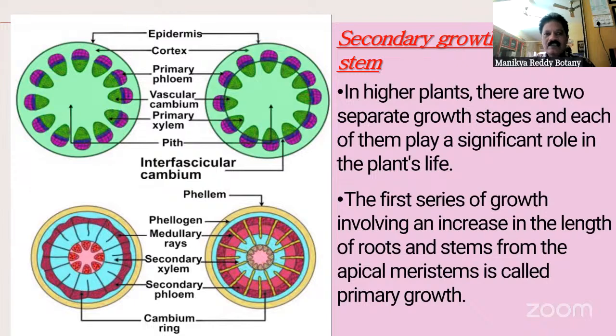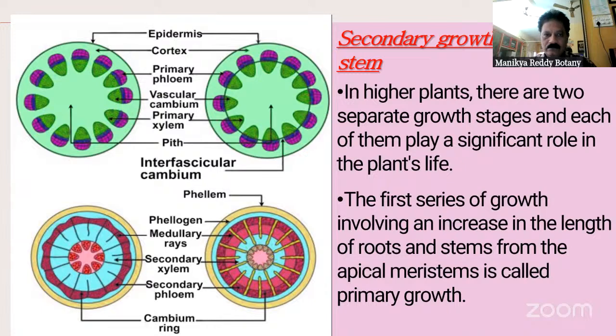The primary growth is because of the activity of apical meristem. Apical meristem is present in the tips of roots and stem, the shoot system. Because of the activity of apical meristem, plants grow vertically. That vertical growth of the plant body is called primary growth.